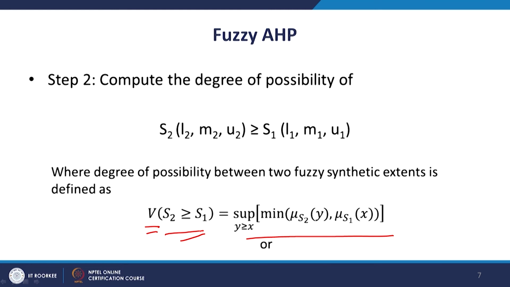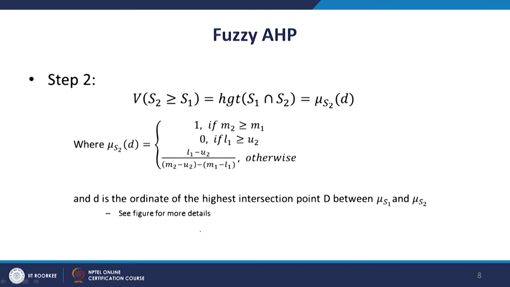The same computation can also be performed in another fashion. You can see here, another form is this: the height of S1 intersection S2. That will also give the same value, and mu_S2(d) will give the same value, where mu_S2(d) is defined like this: 1 if M2 is greater than or equal to M1, 0 if L1 is greater than U2, and otherwise (L1 − U2) divided by ((M2 − U2) − (M1 − L1)).